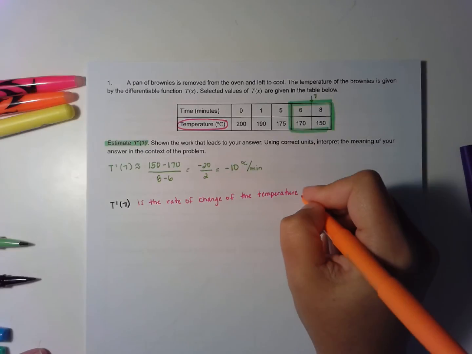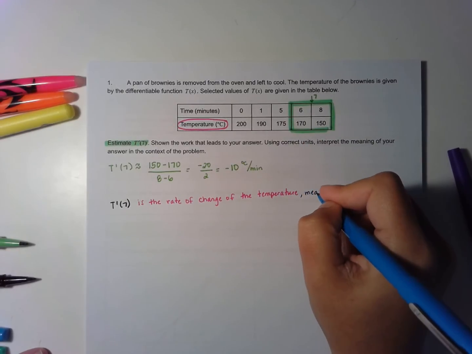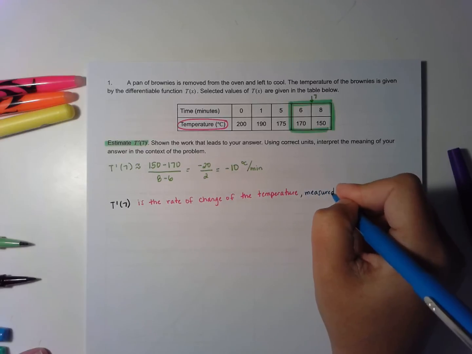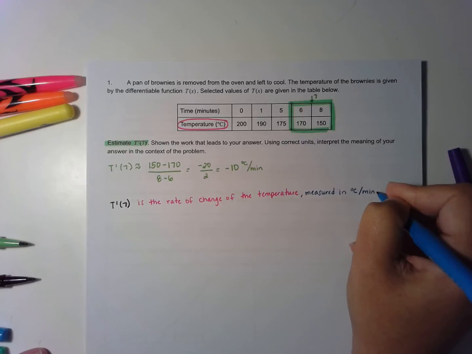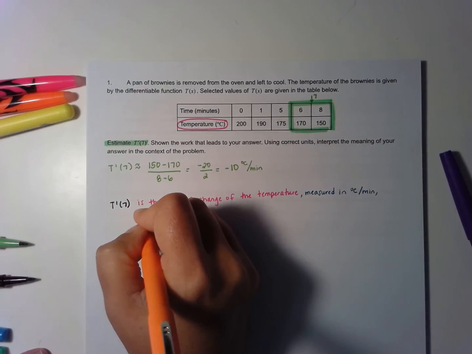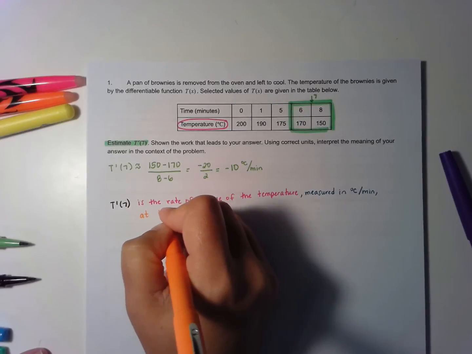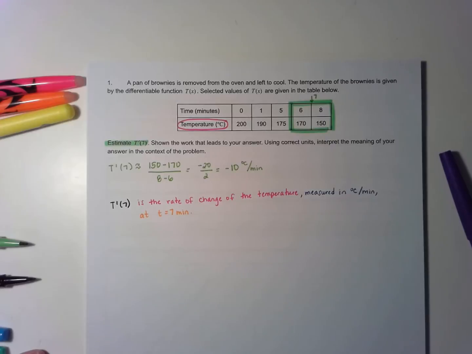So measured in degrees Celsius per minute. And then we need a time at T equals 7 minutes. So we need a noun, we need units, and we need a time.